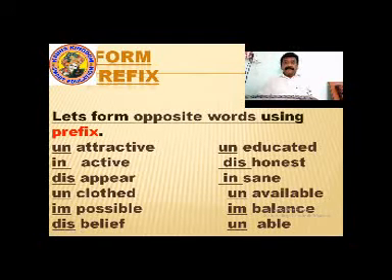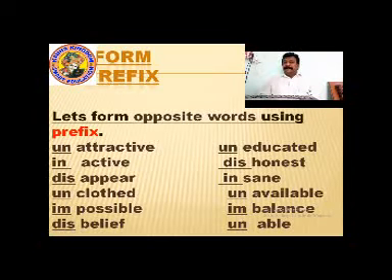Prefixes are the group of letters, word elements, which are added prior to the base word to form its opposites. We have understood the group of letters commonly used: UN, IM, IN, IR, NON, DIS. So now let's see some of the opposite words formed by using prefix.